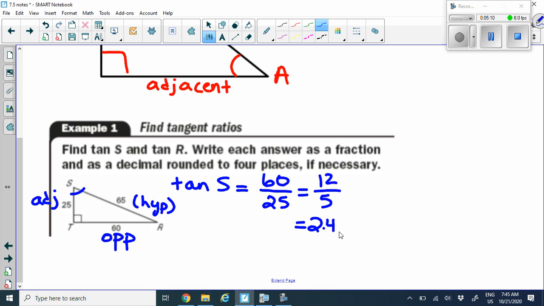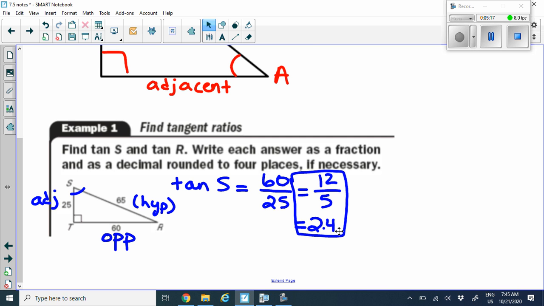Now let's find the tangent of R. I'm going to use different colors here, and I'm going to erase my adjacent and my opposite. And I'm going to erase the S so it doesn't get too confusing. So here's my R, and I'm going to use that as red. The hypotenuse stays the same. That doesn't actually change at all.